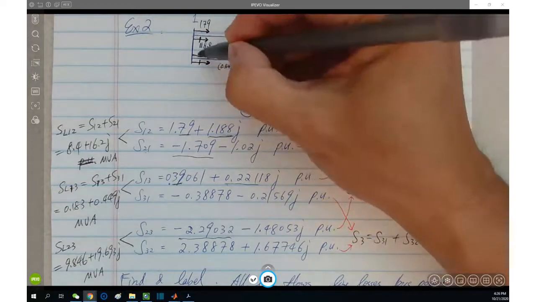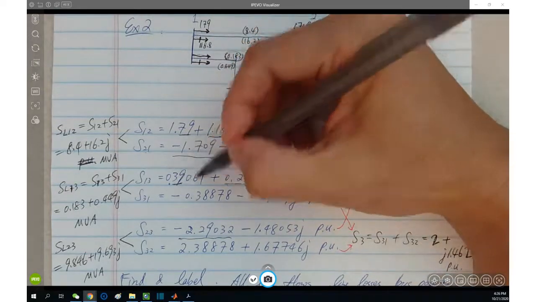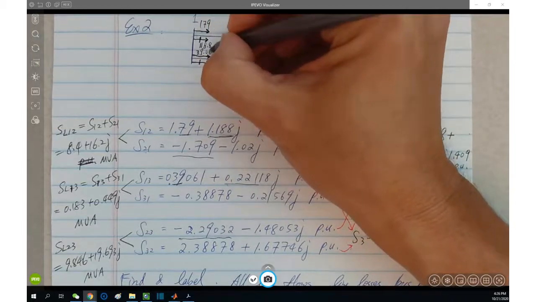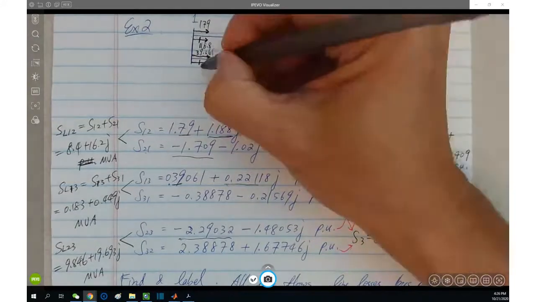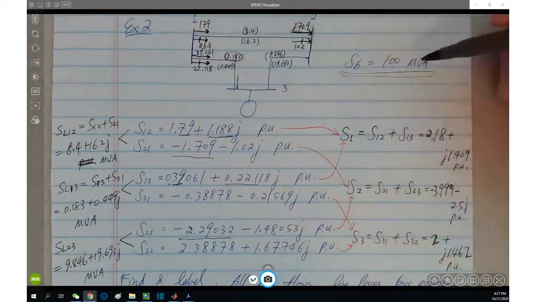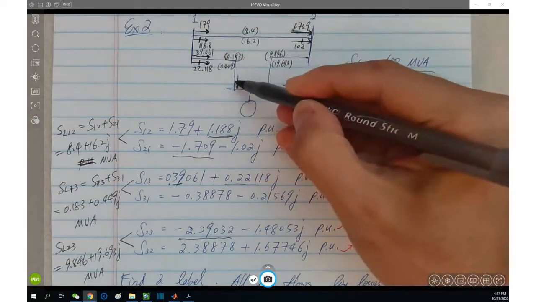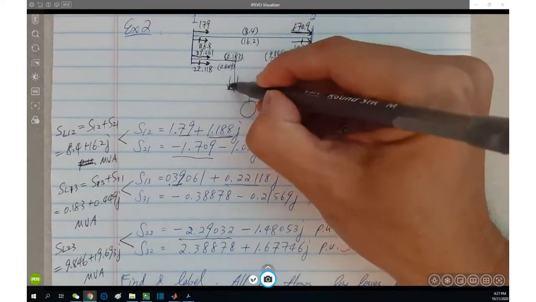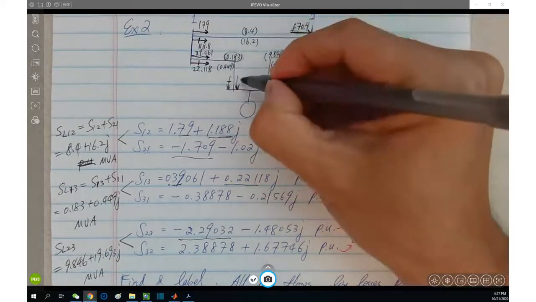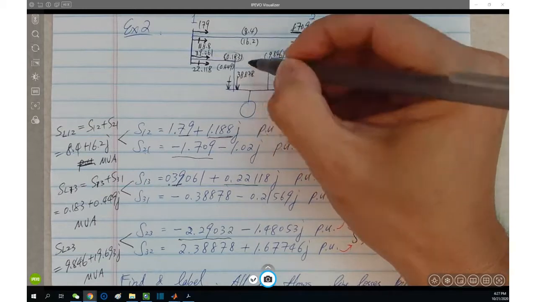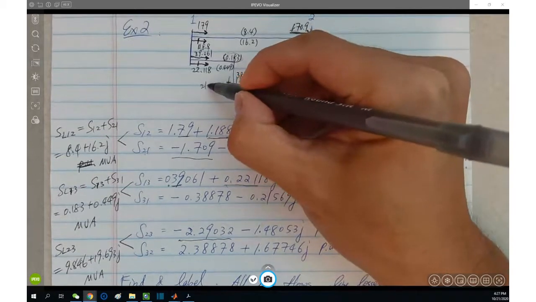So the positive here is 39.061 and 22.118, right? And once again, don't forget to multiply by the base power. And 31 is here. 31, the location is here. Negative and negative. Okay, we flip the direction this way, and then label the positive value: 38.878 and 21.569.